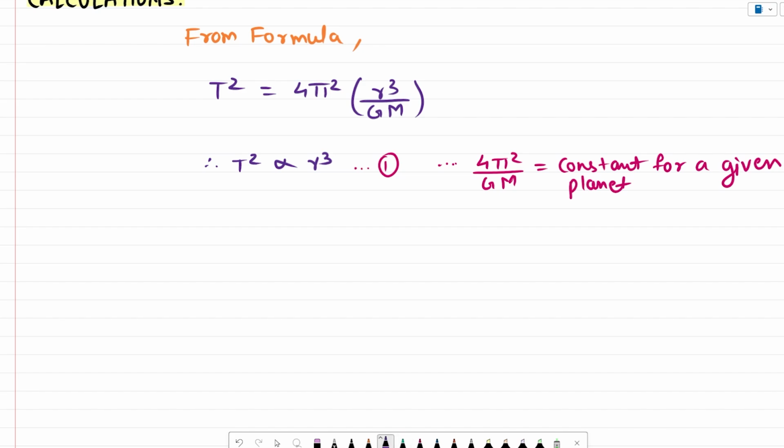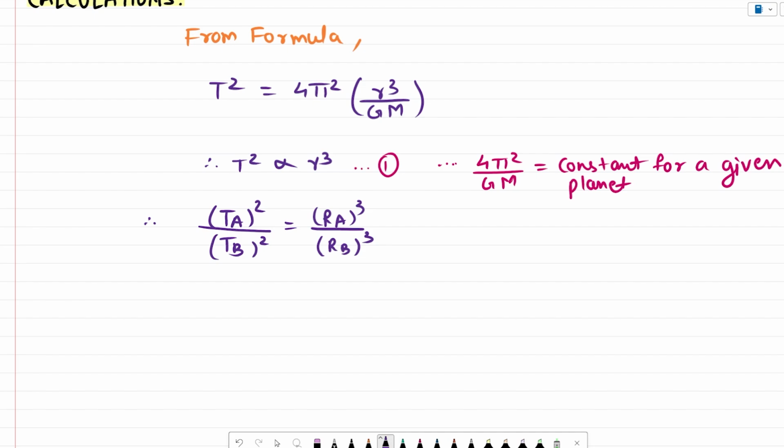From this, I can say that the time period of satellite A squared divided by the time period of satellite B squared is equal to the radius of satellite A cubed divided by the radius of satellite B cubed. This is from the ratios of the proportional quantities.